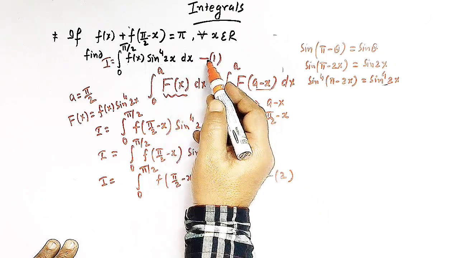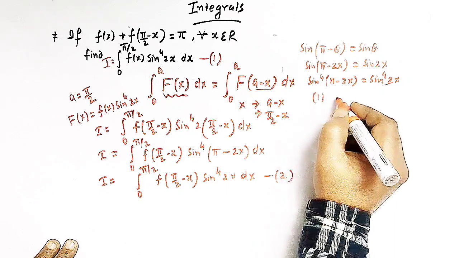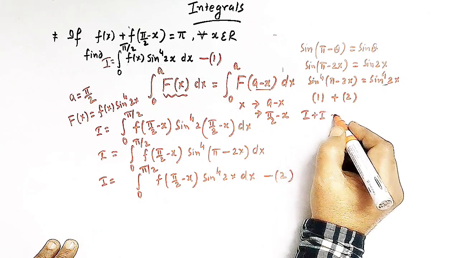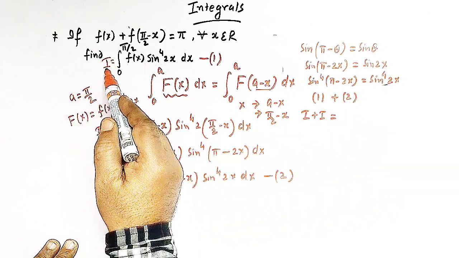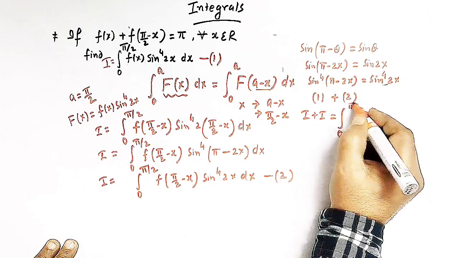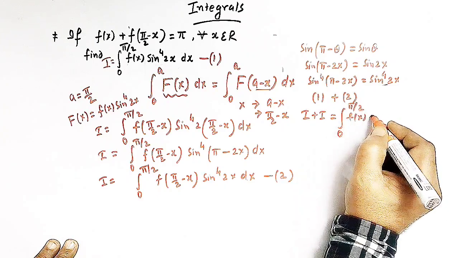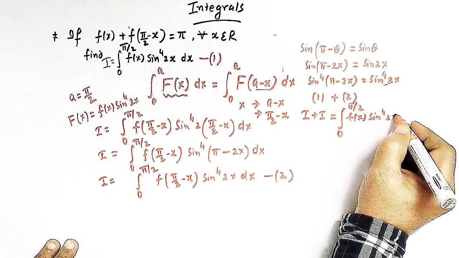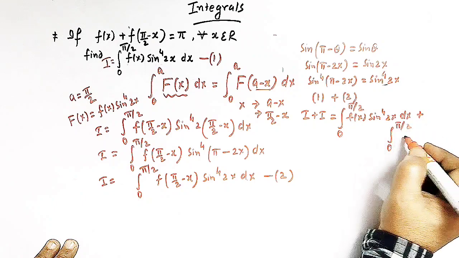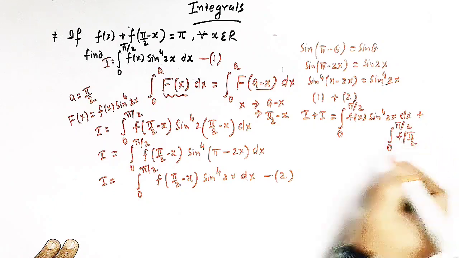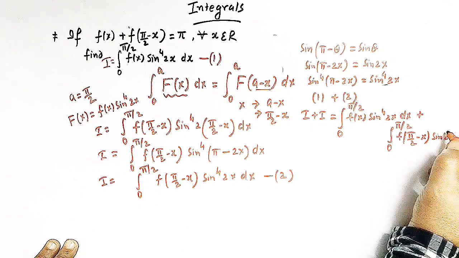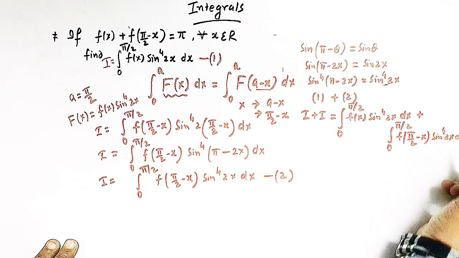So now let us add equation 1 and 2. So when we add equation 1 and 2, we have I plus I on the left hand side, and on the right hand side we have 0 to pi by 2 f of x sine 4 2x dx, and here we have 0 to pi by 2 and f of pi by 2 minus x, and then we have sine 2x, and here we have the exponent 4, right?